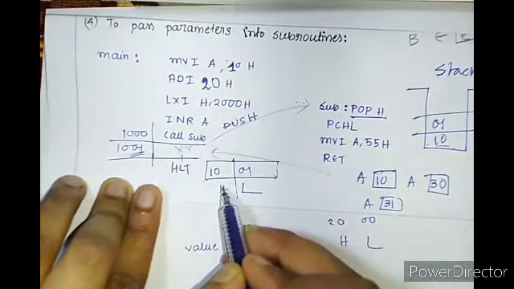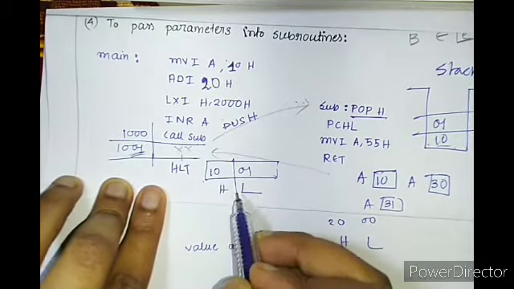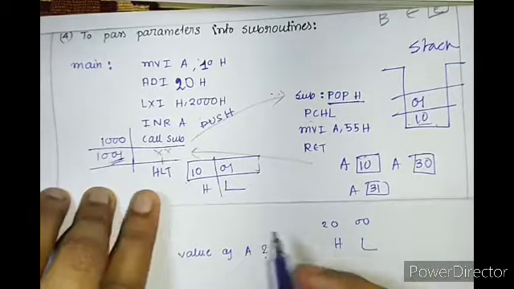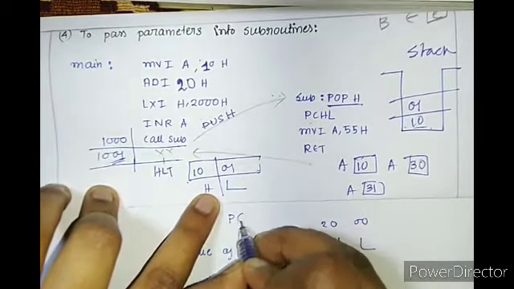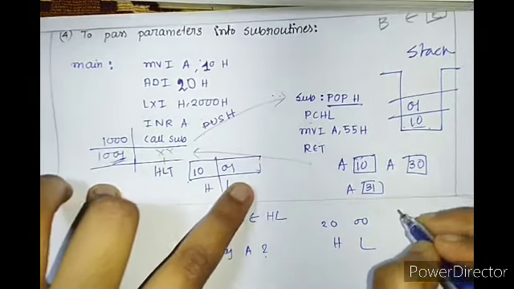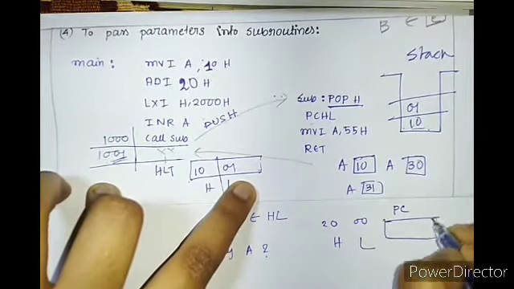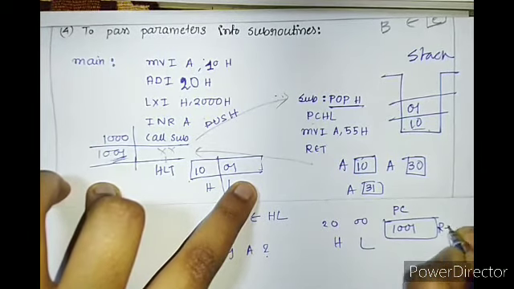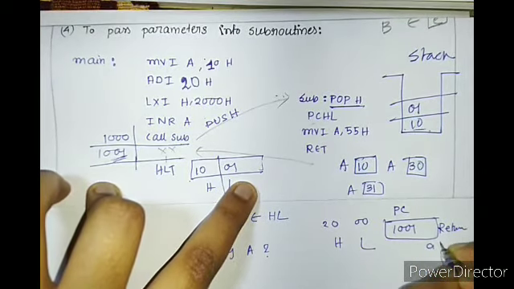So HL is initialized with the 10001 memory address. PCHL. What does PCHL do? PC gets the value of HL. So now what is PC? 10001. What is this? Return address.